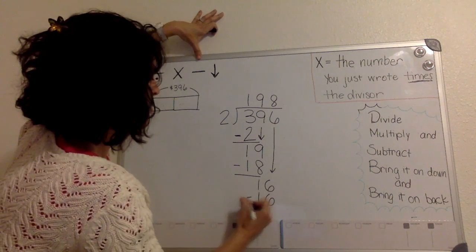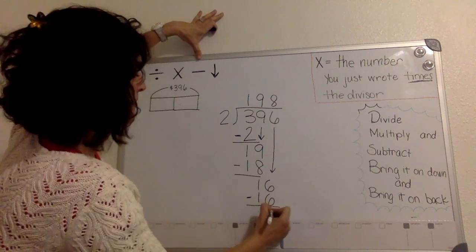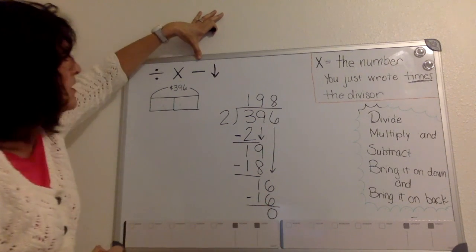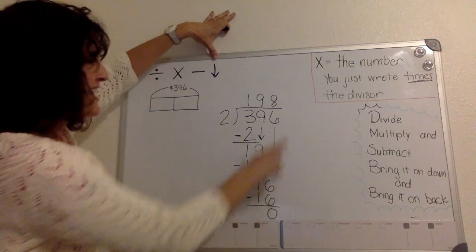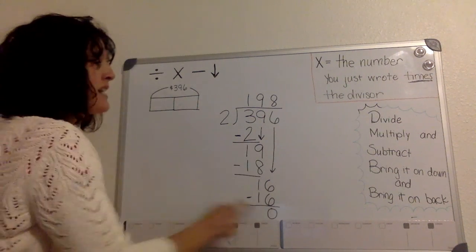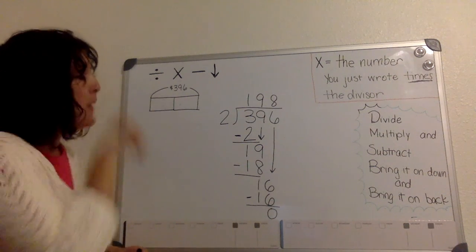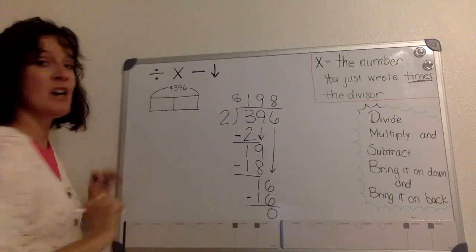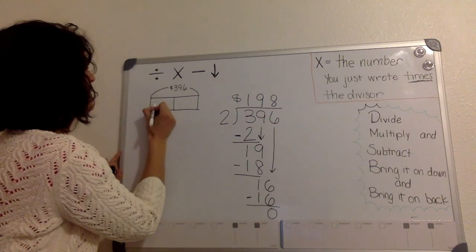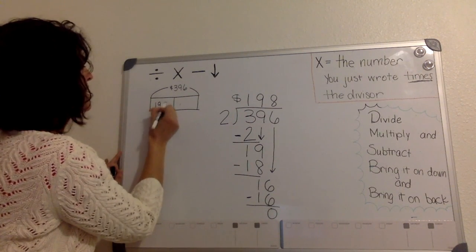Subtract. 0. Bring it down. Nothing else to bring down. I do not have a remainder, so I know that each bike costs $198.